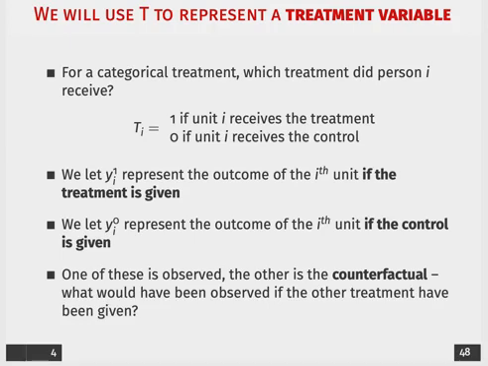The issue that we have is that we don't necessarily know what would have been observed if someone was given the other treatment, right? So this is the main obstacle that we have to overcome with regard to determining what the overall average treatment effect is. And that's why we take this approach, because it's almost impossible for us to know what the counterfactual outcome would be for someone if they received a different treatment.